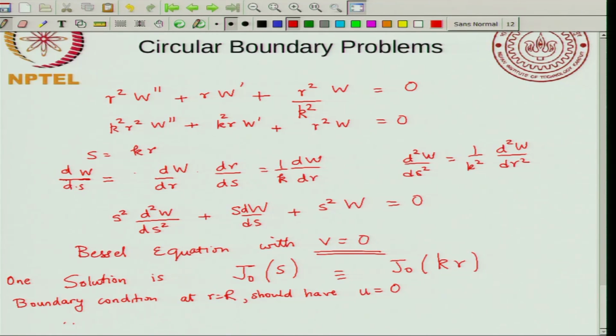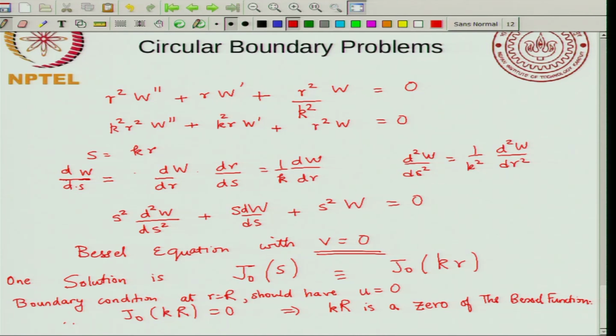So, that means I can write that J0 of kR equal to 0, that implies that kR is a 0 of the Bessel function. Again, the zeros of the Bessel function appear naturally.